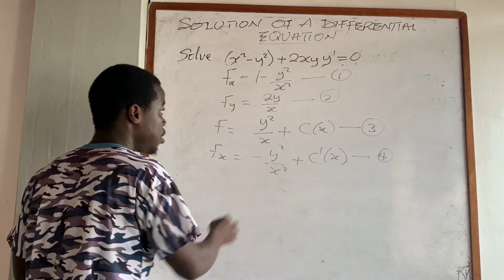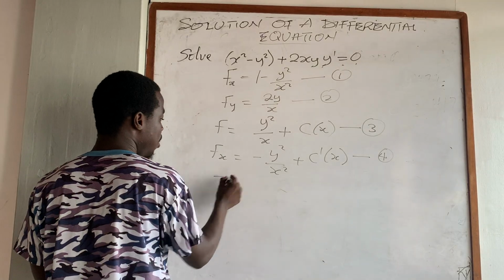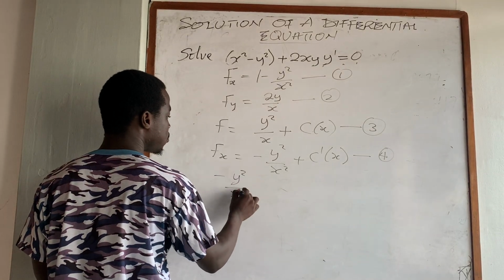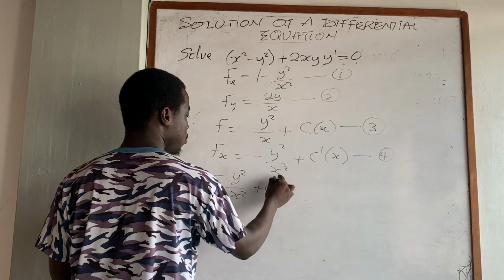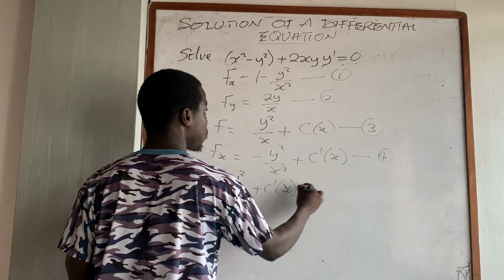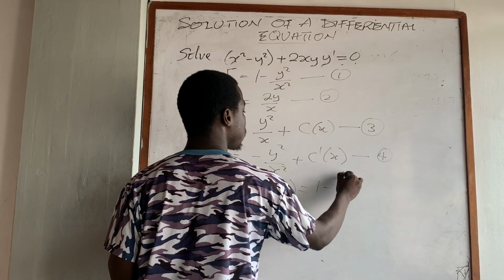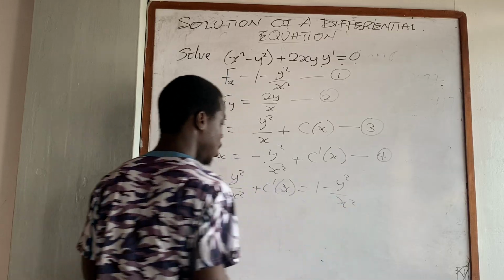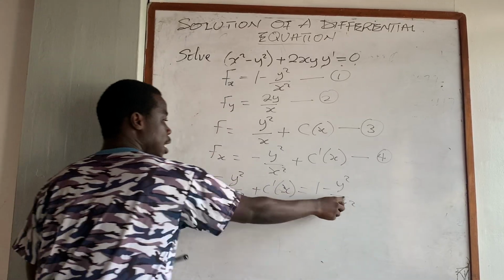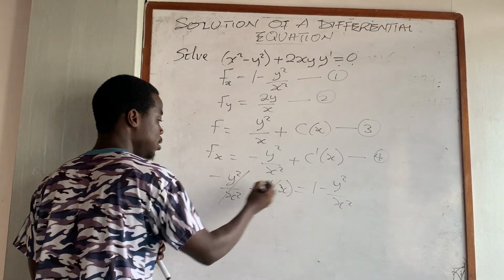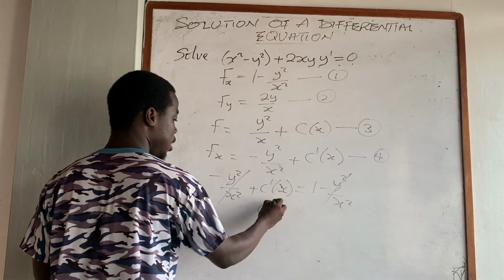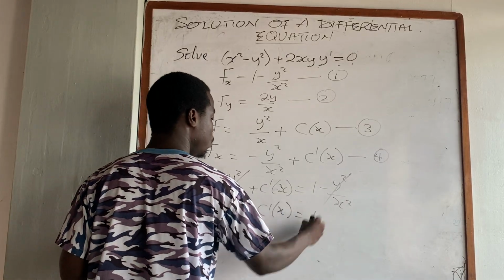So therefore we equate them. Let's equate them. If I equate them, now you can see that this and this are equal, so I will cancel them. Therefore I will get c prime of x is equal to 1.